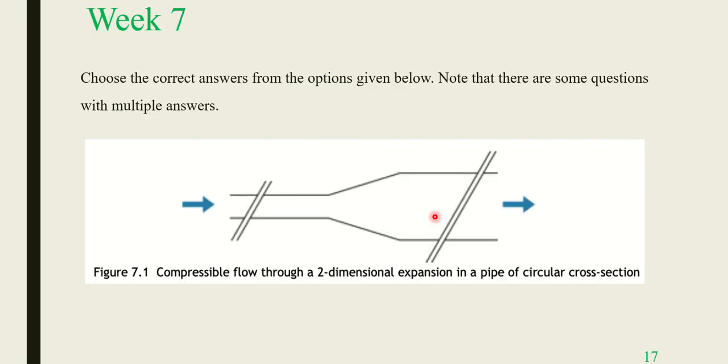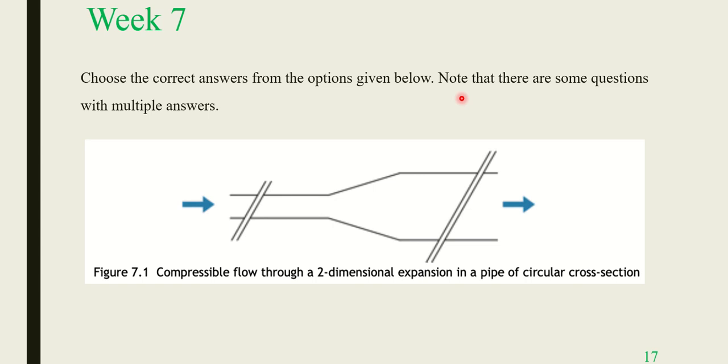Now we'll move on to the assignment problems for week 7. In week 7, a figure is given and it is asked to choose the correct answers from the options given below. Note that there are some questions with multiple answers. In the previous problems also we saw options where there were multiple statements that were right.